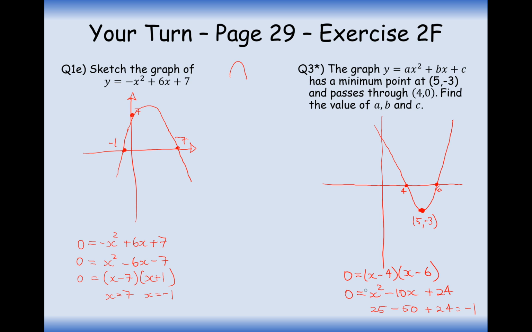So what I'm going to need to do on this equation here is times everything by 3, so that when I do work out this minimum point here, then I'm going to get minus 3. So my answer here is 3x squared minus 30x plus 3 times 24 is 72, equals y. Okay, so that's the equation of my graph here.